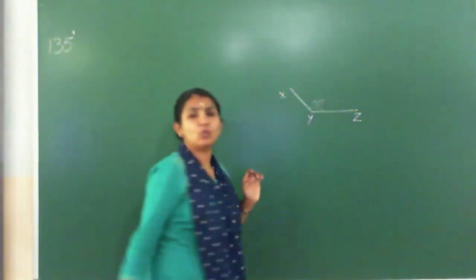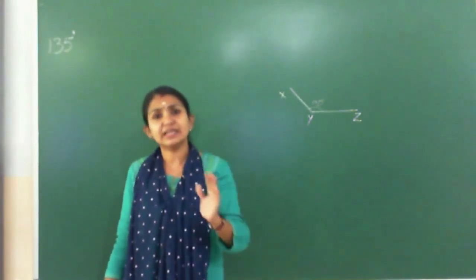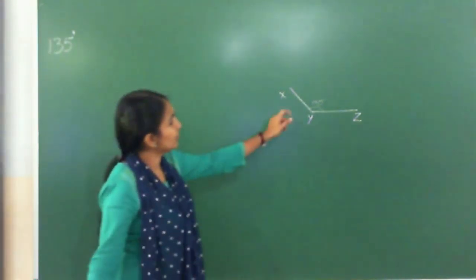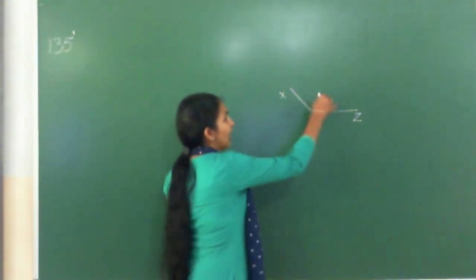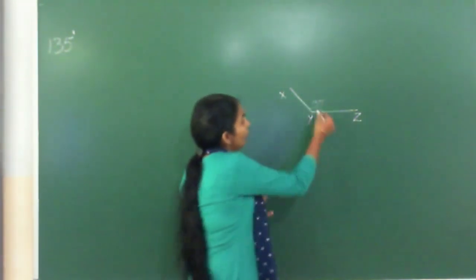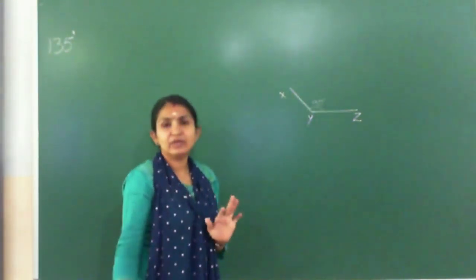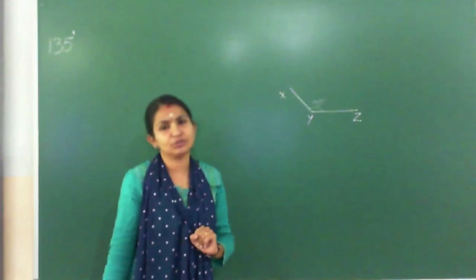So how will we get 135 degree with the studied degrees? We understood that 135 degree is after 90 and 120. By adding which numbers will we get 135, that we should think.